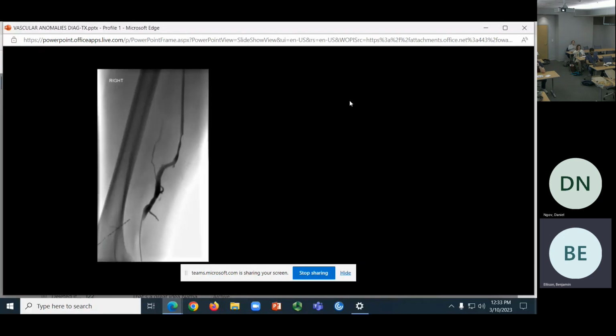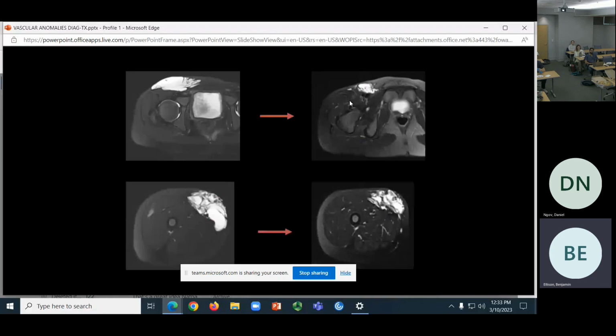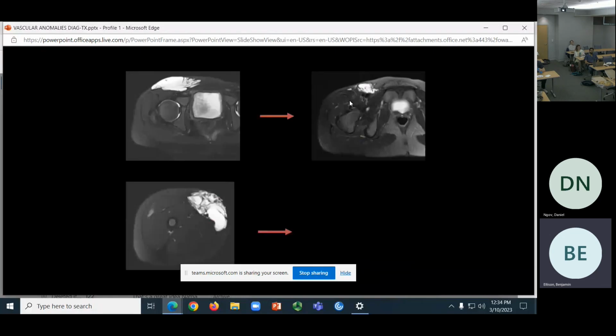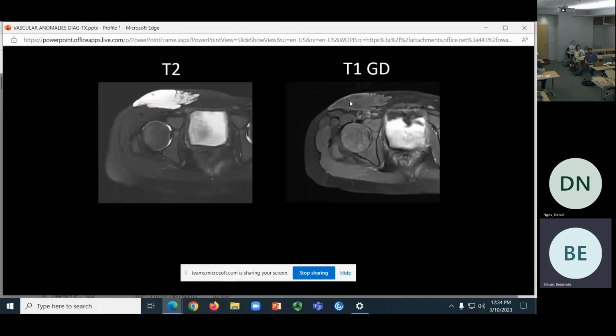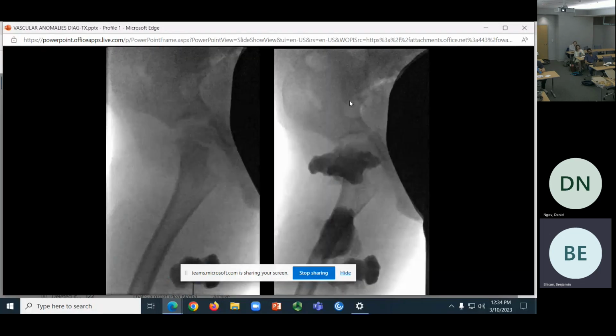So that's another example of a malformation. As you can see here, just a big long vessel that is abnormal and was causing pain. What's the problem injecting a sclerosing agent here? Injecting a liquid agent there. The previous one was a cystic lesion, and all the sclerosing agent is stuck in the malformation.